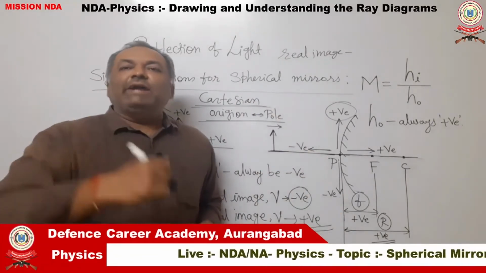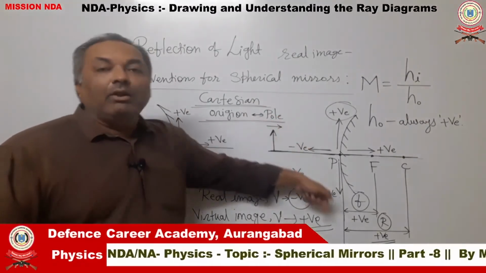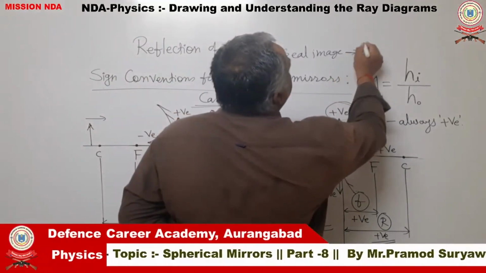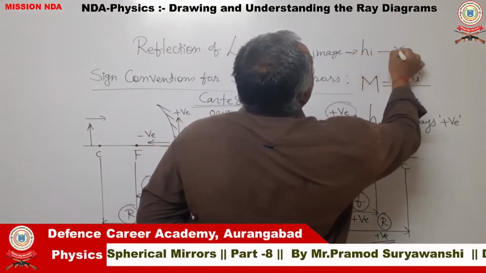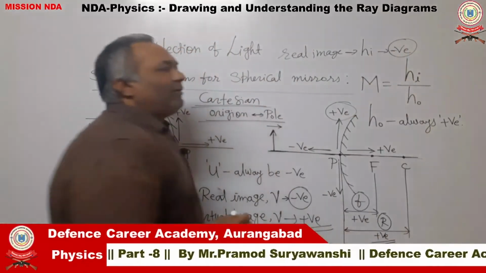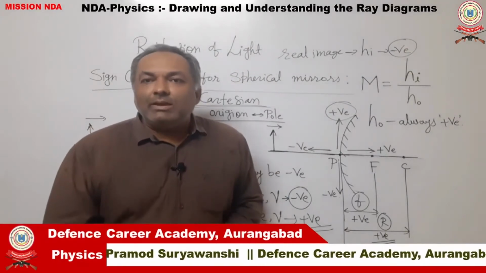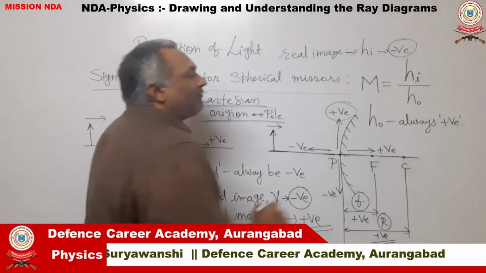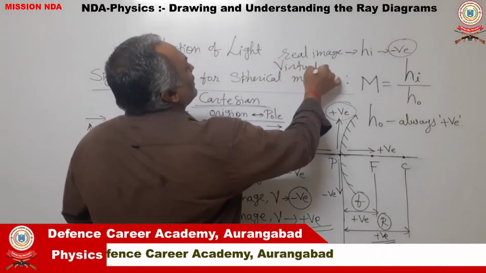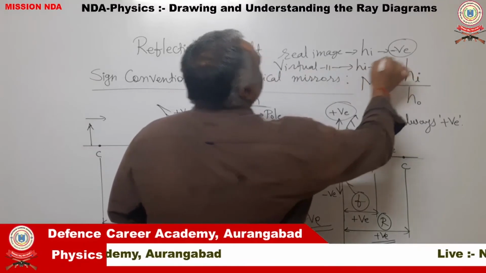When you measure the height of the image, you have to go vertically below the principal axis. Therefore, for a real image, the height of the image will be negative, and for a virtual image, the height of the image will be positive.